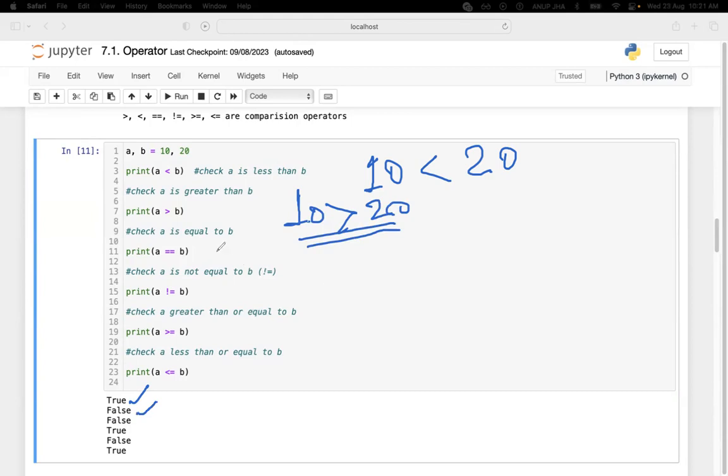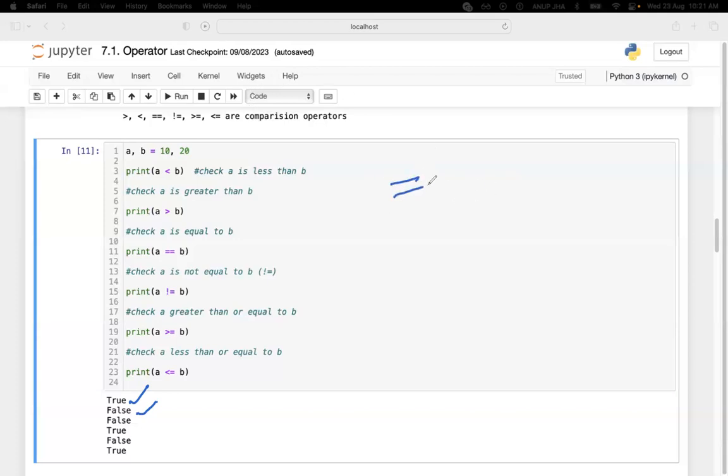Now, one thing that you must understand in Python: a single equal to sign is called the assignment operator.